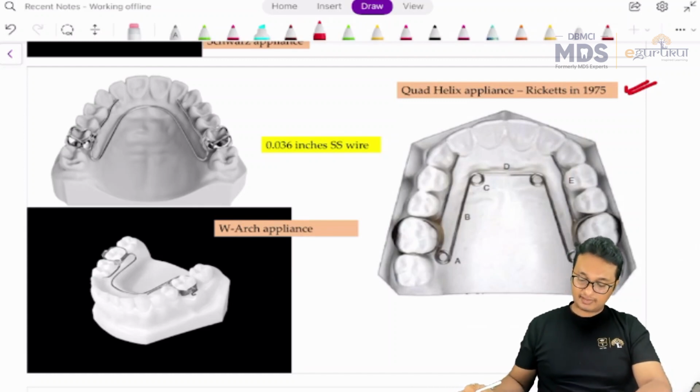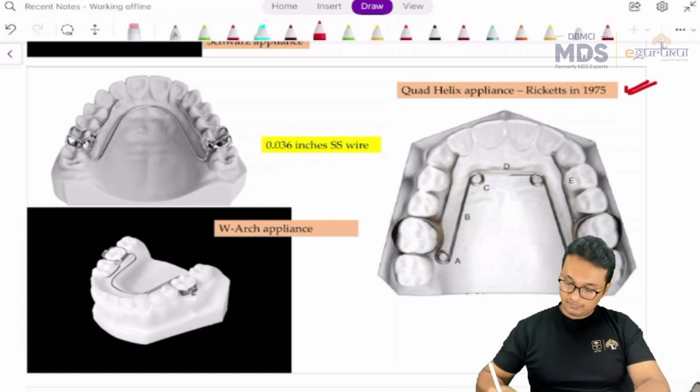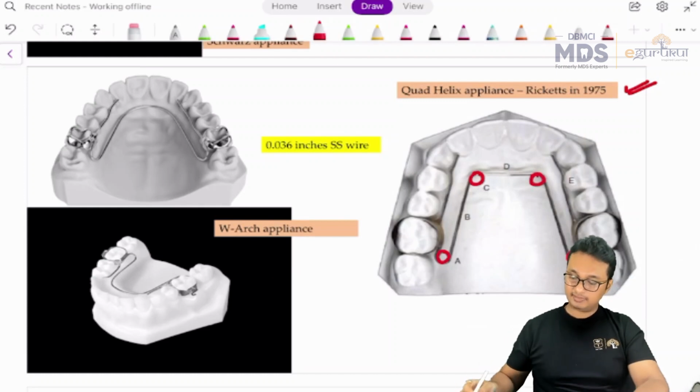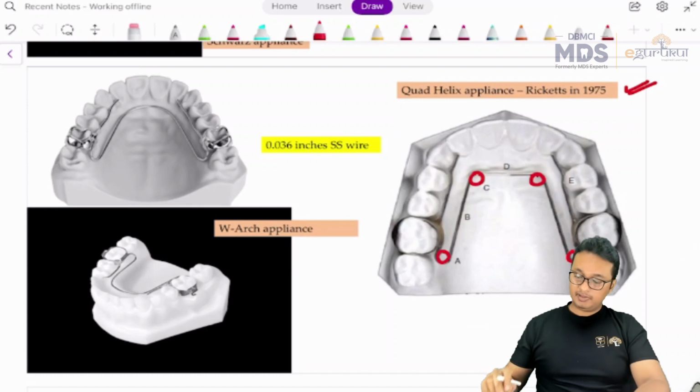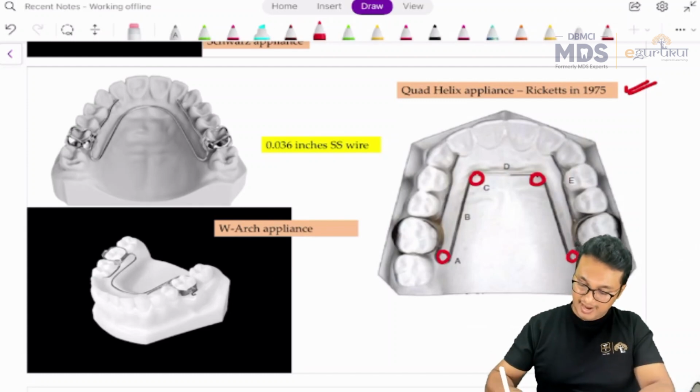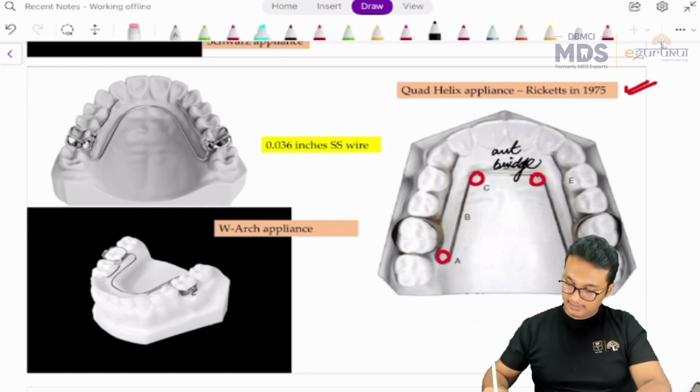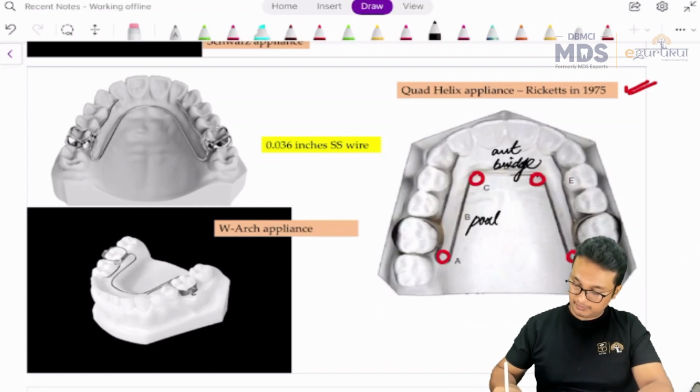So what is it exactly? You can see there are 4 helices. This is first helix, second helix, third helix, and fourth helix. And this particular appliance has certain components. This is called as anterior bridge, and these two are called posterior bridge.